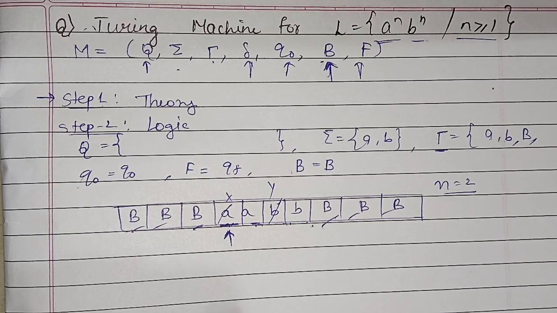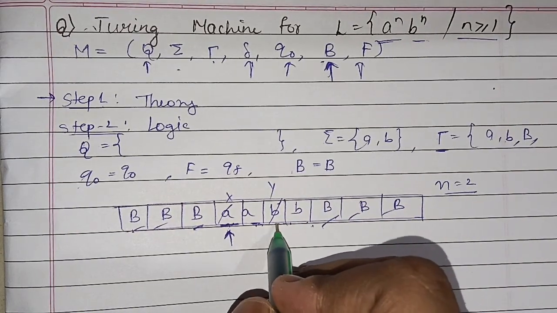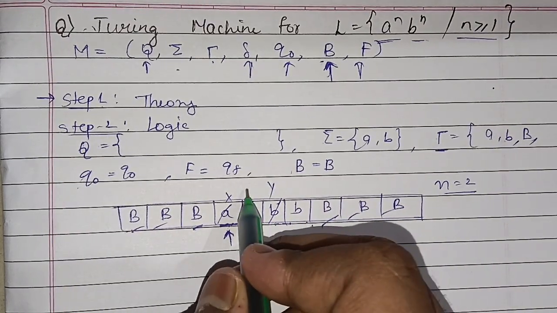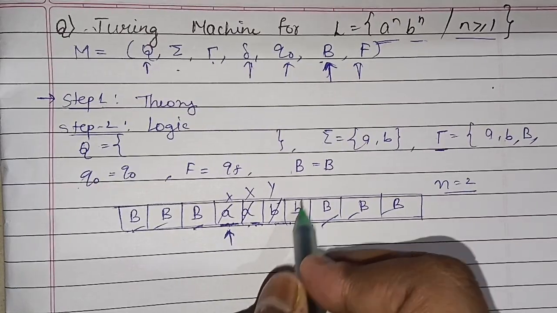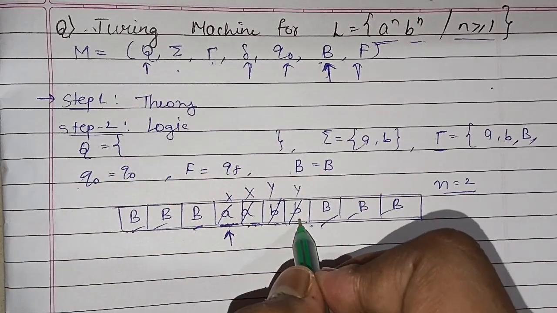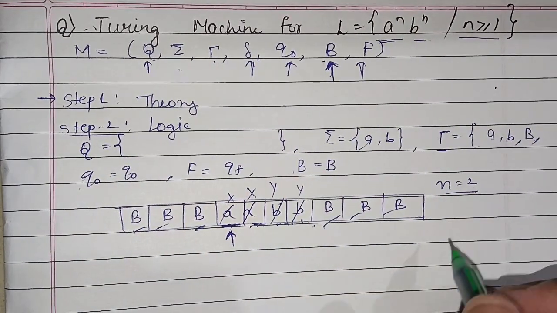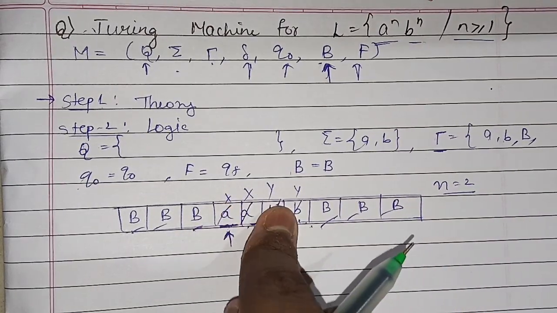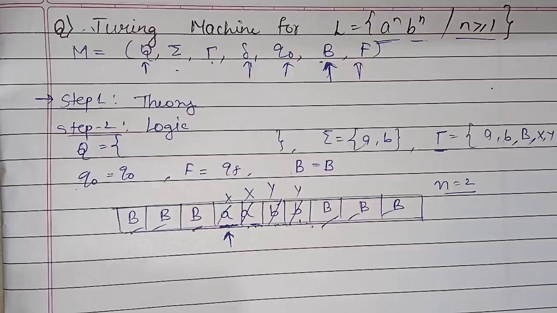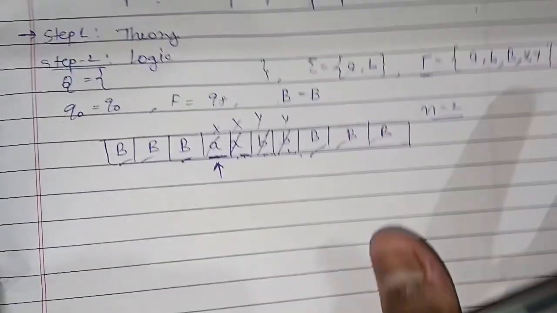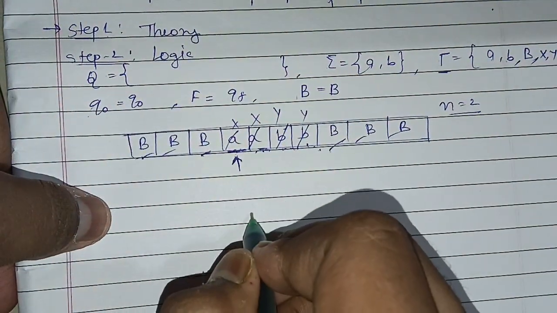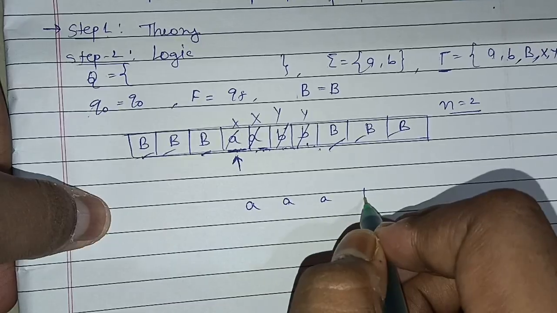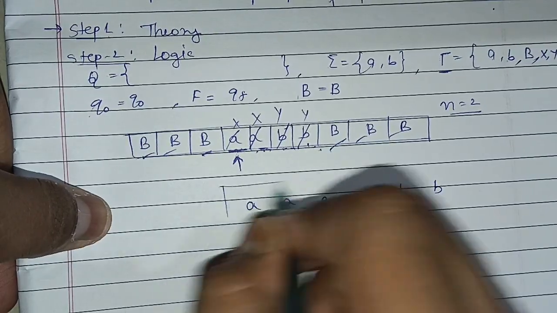Now I will say again come left, make a as X, and again move right and make b as Y. So in the tape X and Y will also be there, so I will write here X and Y. I am taking another example, a a b b.